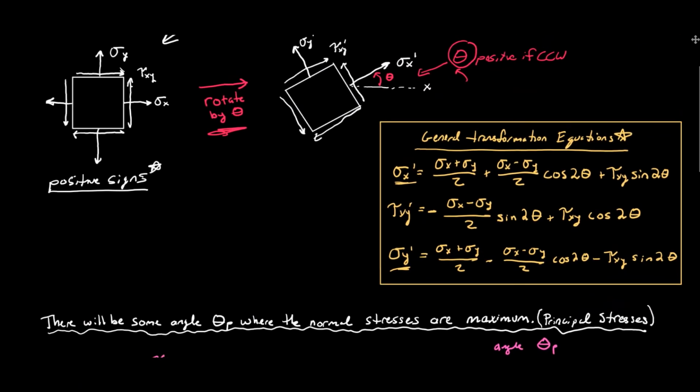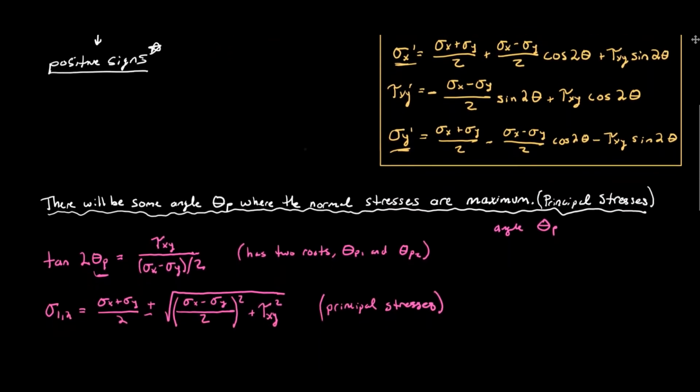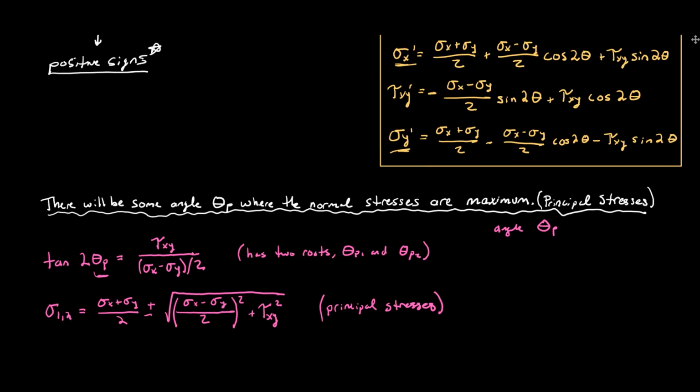If we come back up here and rotate this, these two are maximum. So we can use this equation here, tau xy over sigma x minus sigma y divided by 2. That's going to have two roots, so you're going to have two different angles, theta p1 and theta p2, and those are going to be 90 degrees apart.